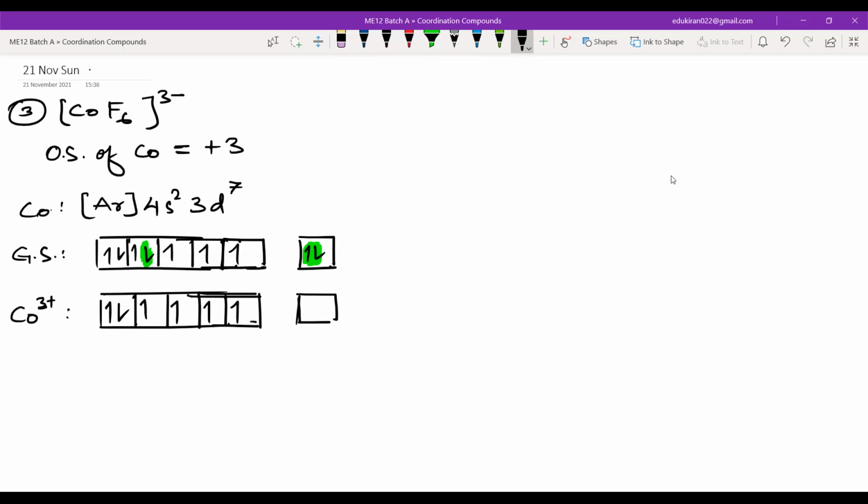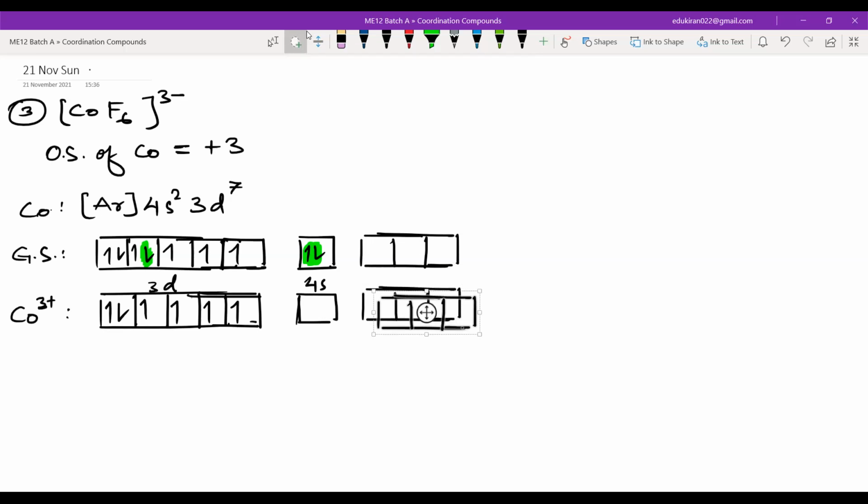Now, obviously, this is 3d, this is 4s. There will be 4p also present, and there will also be a 4d.